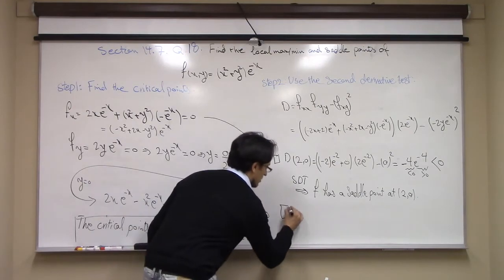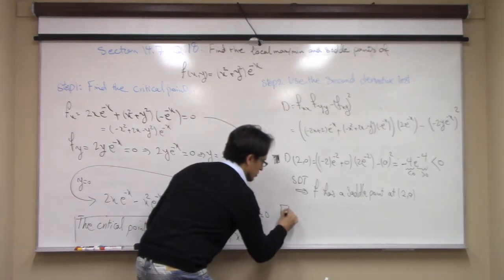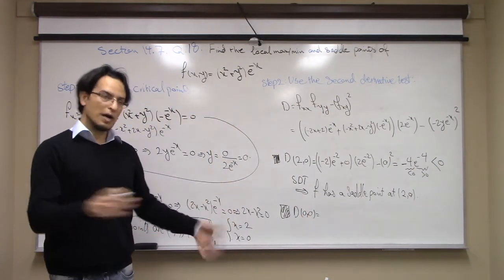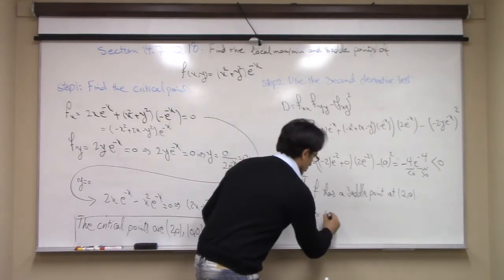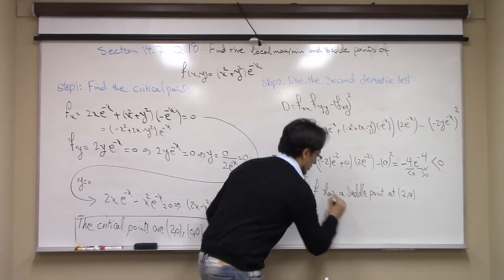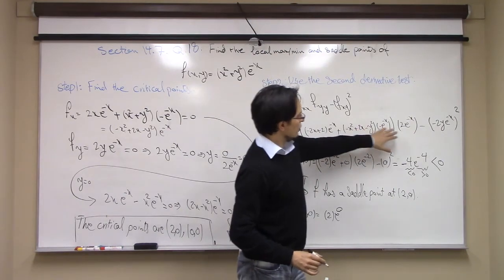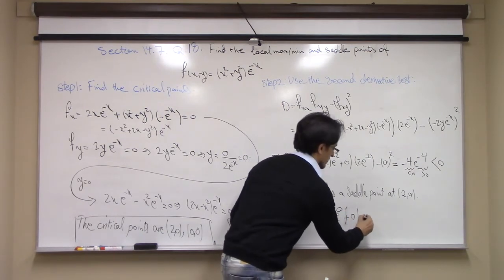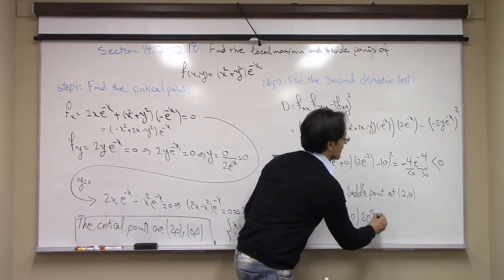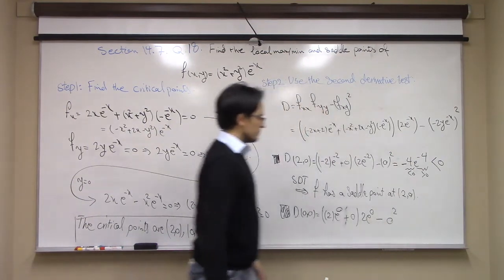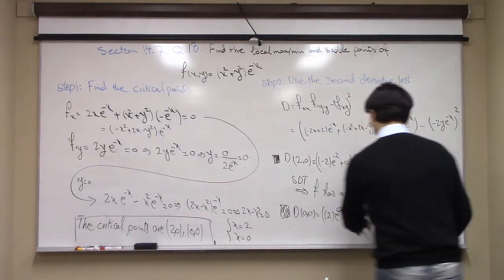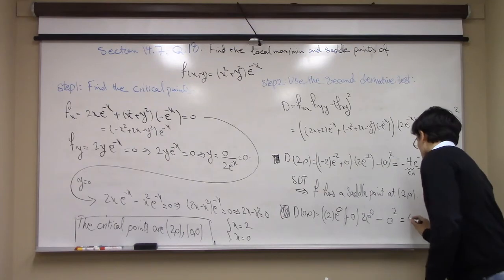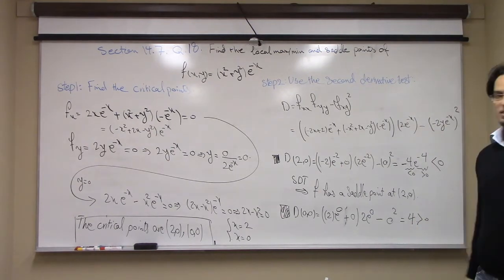So that part was for (2, 0). Now let's do D at the origin. So x is equal to 0, y is equal to 0. This gives me 2 times e to the power 0, and the rest gives 0, minus that part, which is 0. Since e to the power 0 is 1, I have 2 times 2, which is 4. It is a positive value.